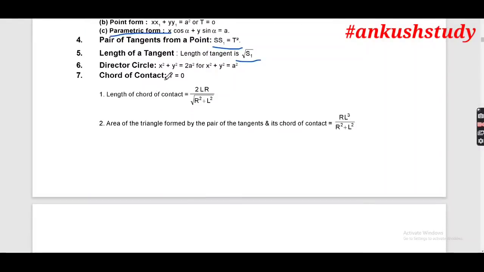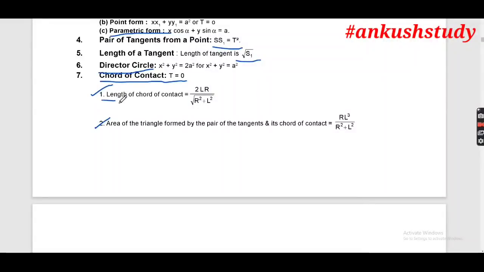Director circle: x² + y² = 2a², for x² + y² = a². Okay, so this was the director circle, and the chord of contact T = 0. And this is the first one.